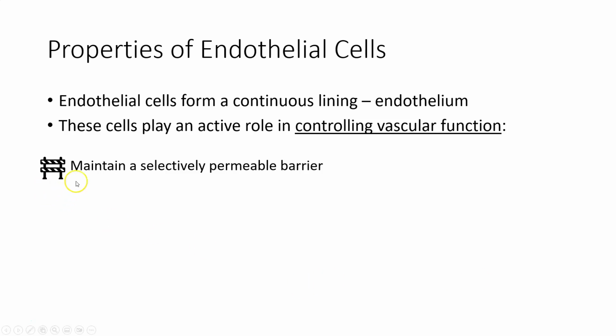First, the endothelial cells maintain a selectively permeable barrier. That means it lets some things into the cells and other things are not able to get in. Endothelial cells are important in the regulation of thrombosis or blood clotting.